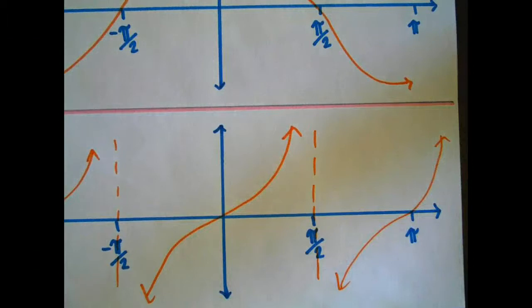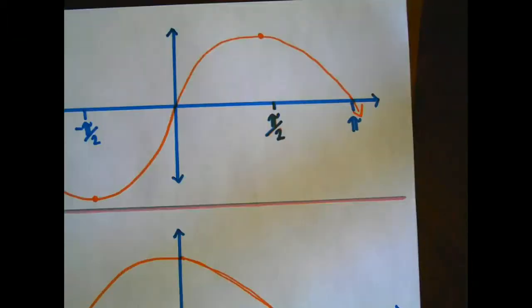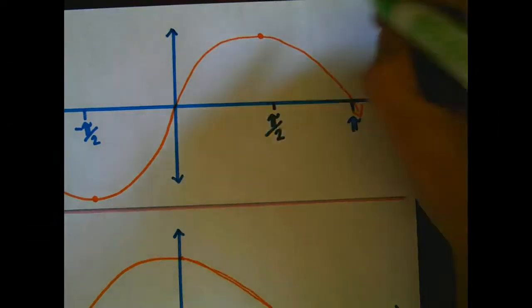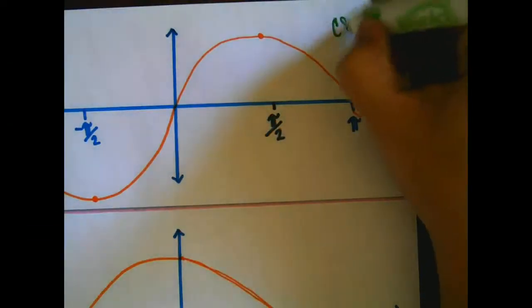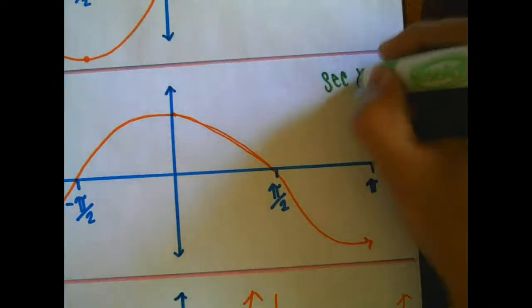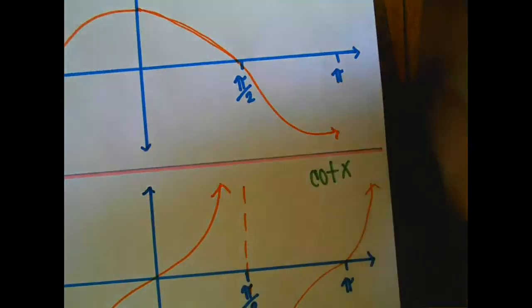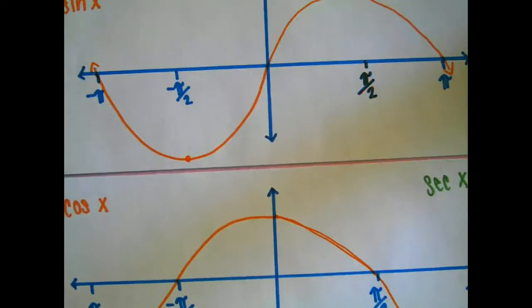Alright. I'm now going to draw the other 3 trig functions in a different color. I'm going to use green here. You got cosecant, you've got secant, and you've got cotangent. You know, that kind of made things a little bit difficult for myself.